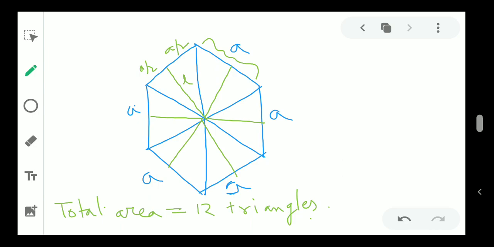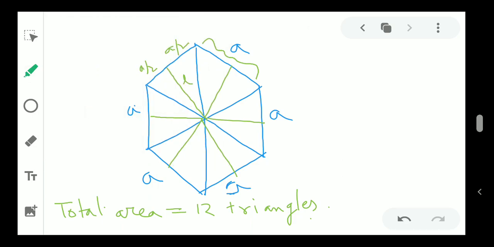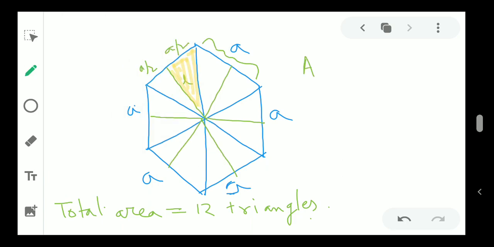So let us find the area of this first triangle now. So in that triangle, the area is equal to half into base, that is A by 2, into length, that is L.